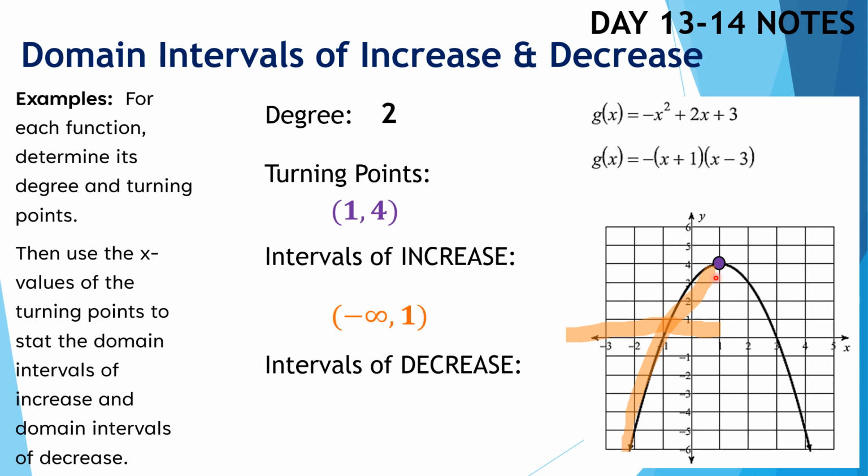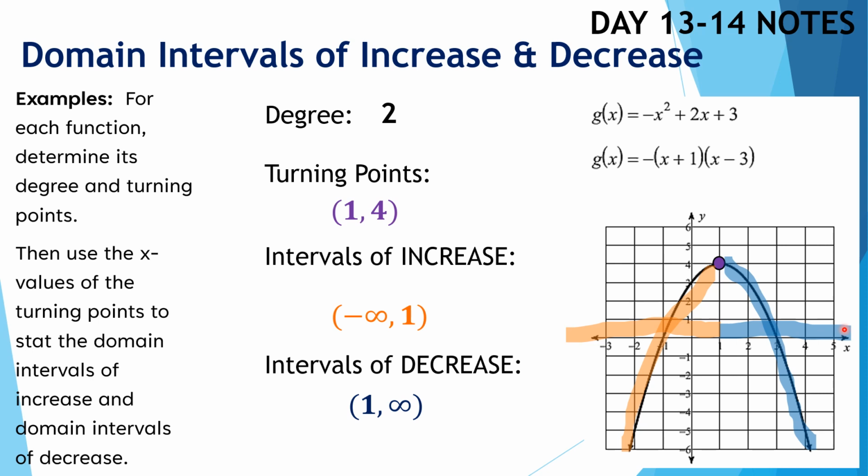So from negative infinity to 1, my graph increases. When I get to the point (1, 4), the right side of the graph from 1 out to positive infinity is now decreasing. So we say from 1 out to the right to positive infinity, our function decreases.